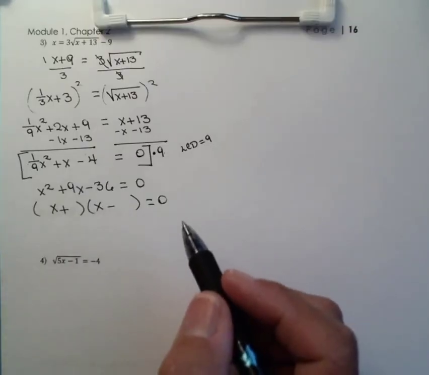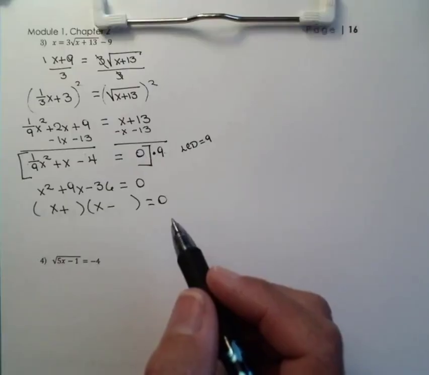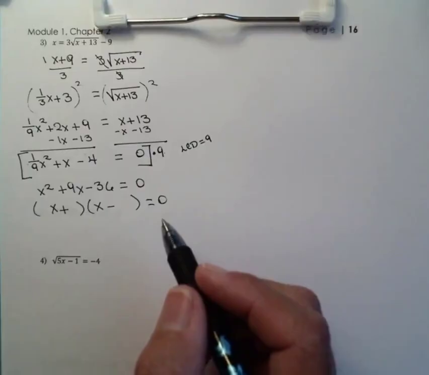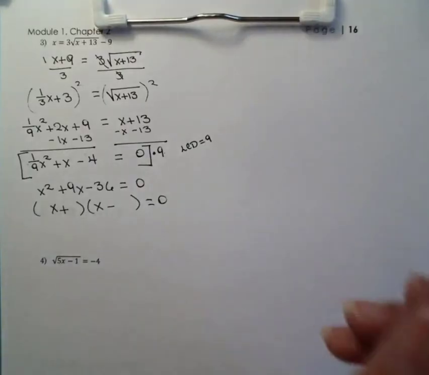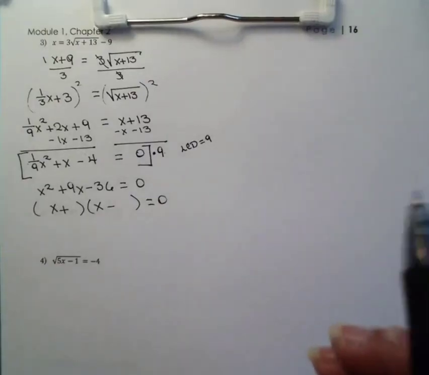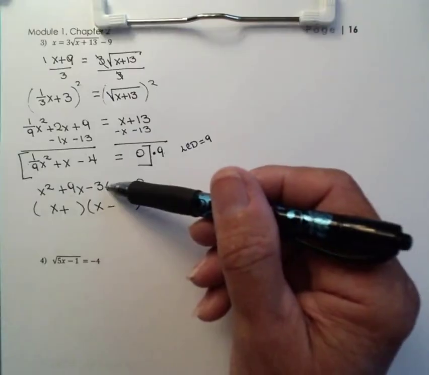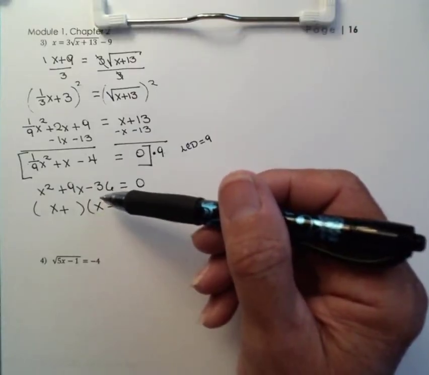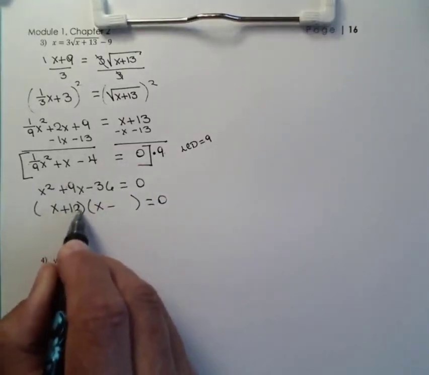I can think through the factors of 36 pretty fast: 1 and 36 won't work, and 2 and 18 won't work. 3 and 12 would be the next thing I would try. You can do this on your calculator, working up with 36 divided by 1, divided by 2, divided by 3, but you should be able to do it in your head too. So I found 3 and 12, right? It has to be a positive 9, so the bigger one has to be positive.